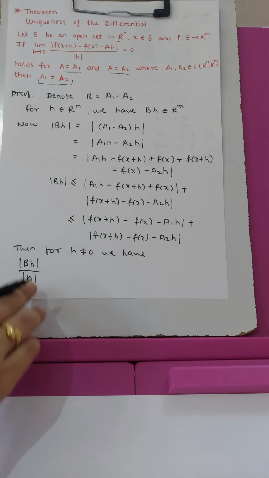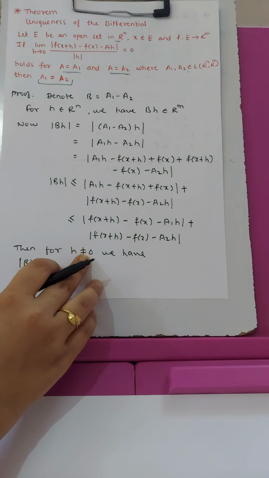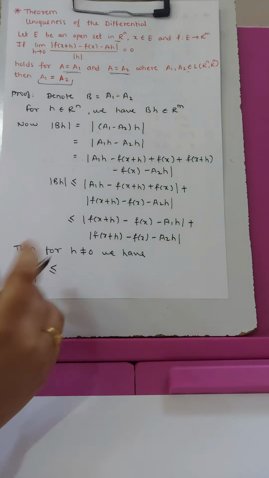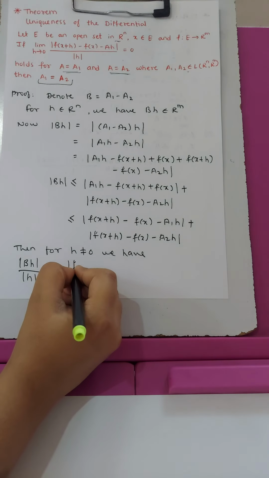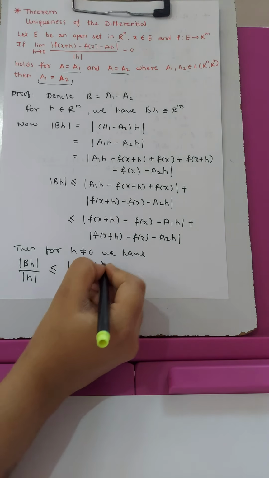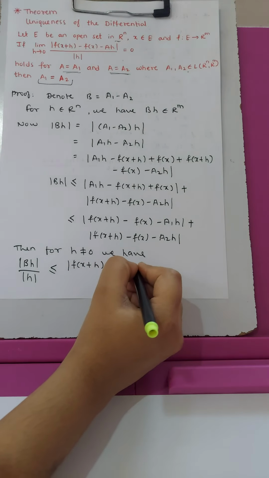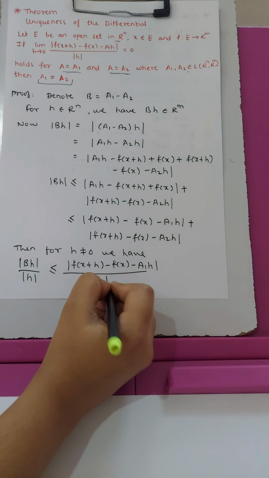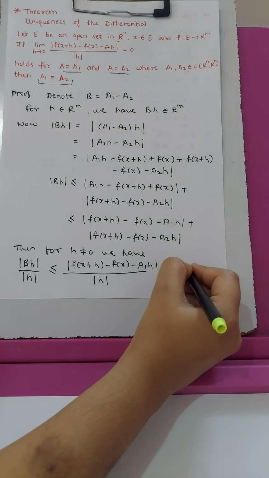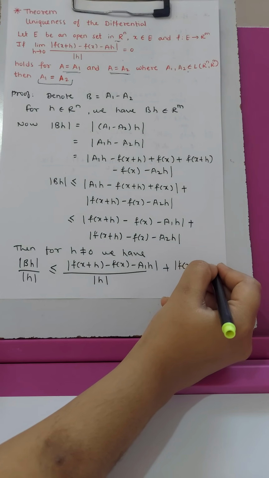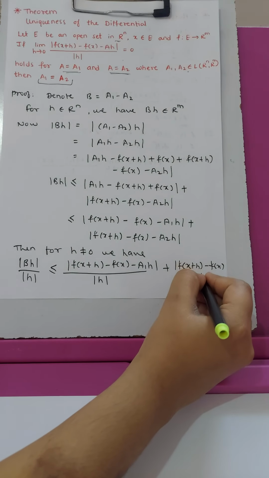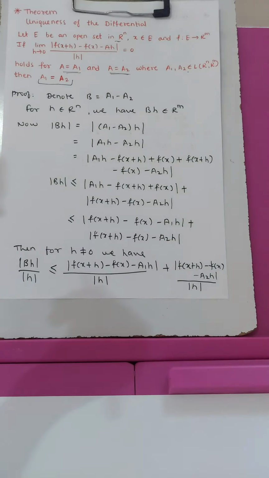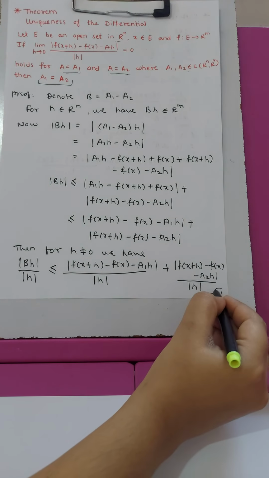We have just divided by mod of h on both sides and h is not equal to 0. So we get mod of Bh upon mod of h less than or equal to mod of f of x plus h minus f of x minus A1 of h upon mod h, plus mod of f of x plus h minus f of x minus A2 of h upon mod h. So let it be number 1.